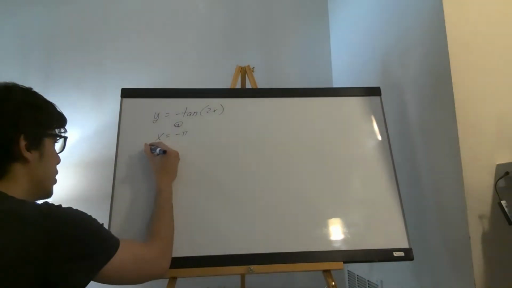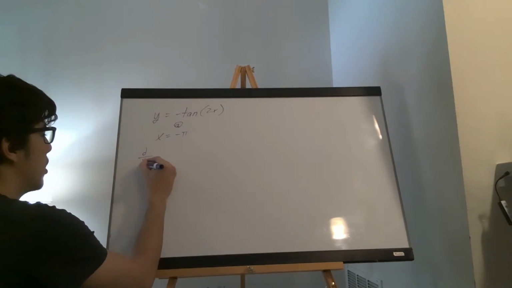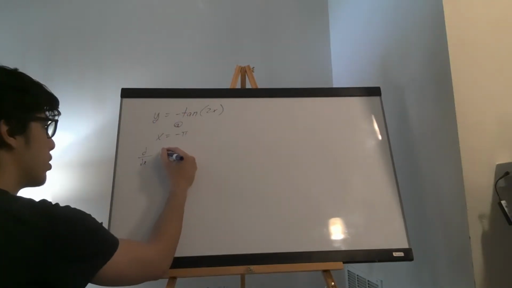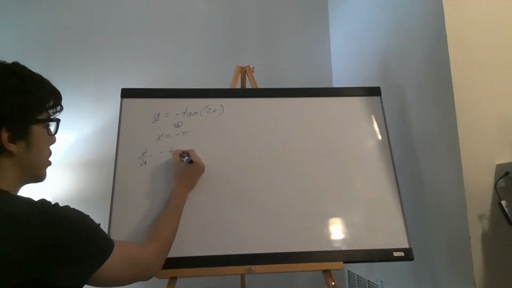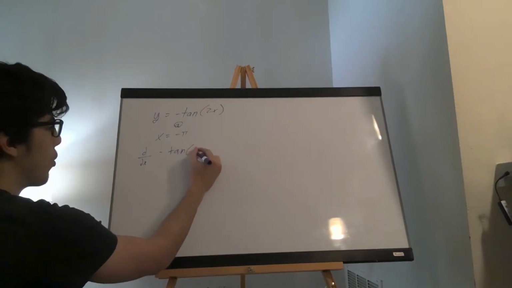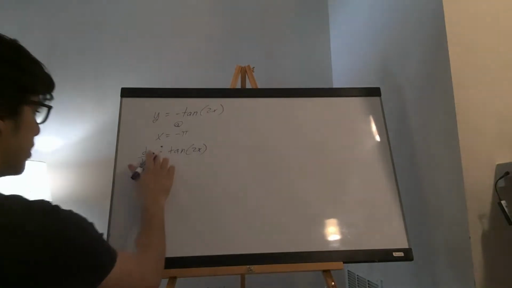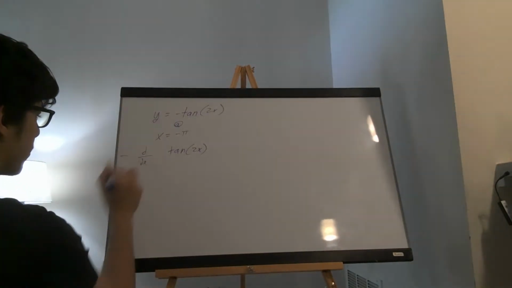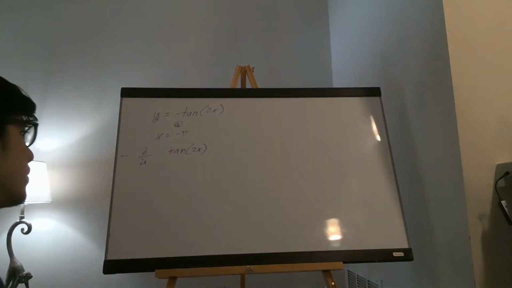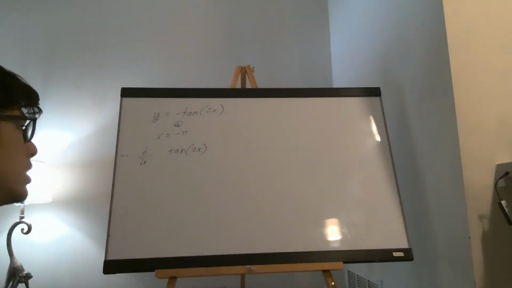So the first thing we're going to do is take the derivative of the function y with respect to x. So that's going to give us d dx of negative tan of 2x. And if this is confusing, you can always move the negative sign out front. But let's see, the derivative of tan is secant squared.